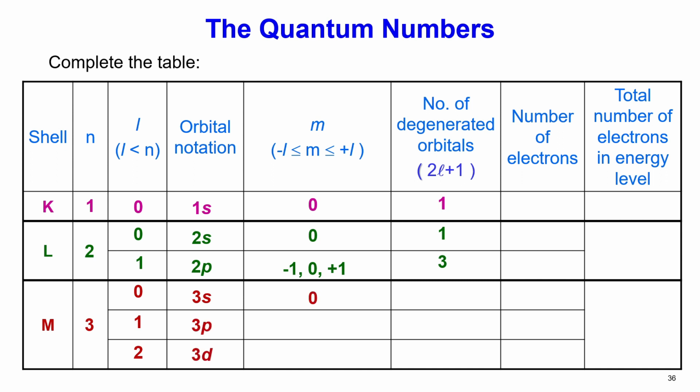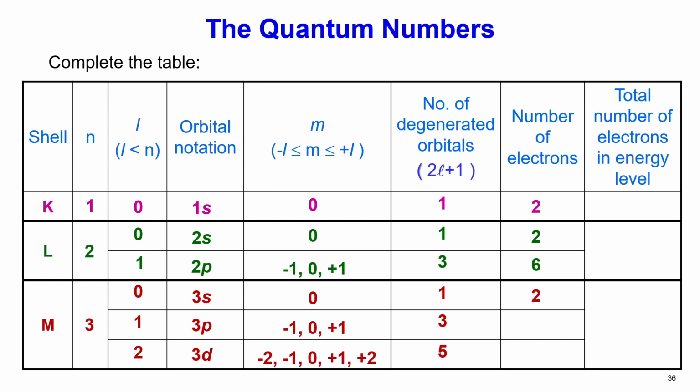And untuk m kita ada 0, okay. Negative 1, 0, positive 1. Untuk 3d kita ada negative 2, negative 1, 0, okay, positive 1, positive 2. So number of degenerate orbital untuk 3s is 1, untuk 3p is 3, for 3d is 5. Okay, we have 5. And then number of electrons. So number of electron 2, okay, 2s 2, 2p is 6.